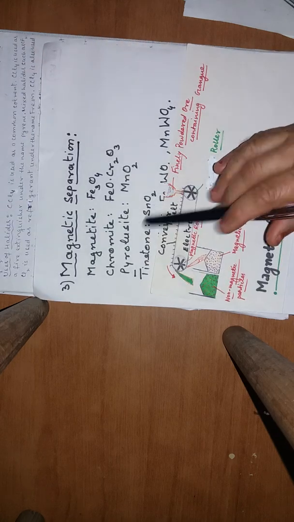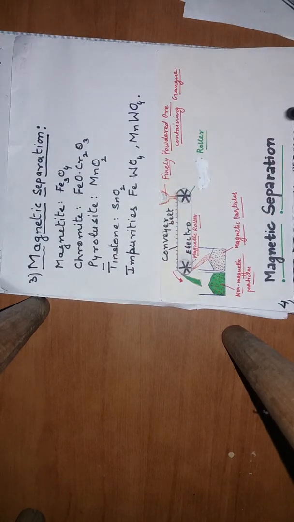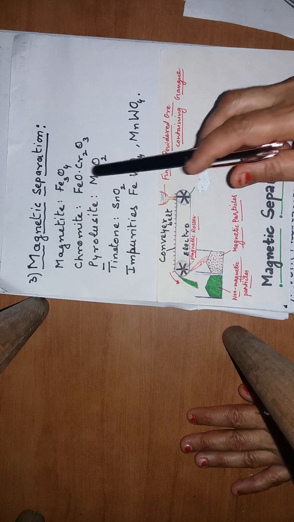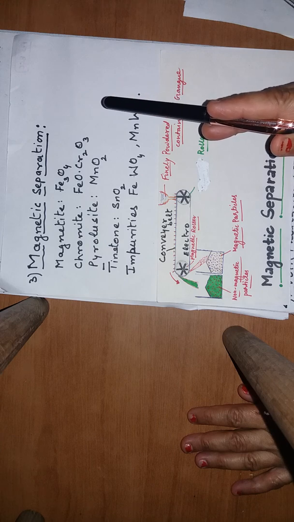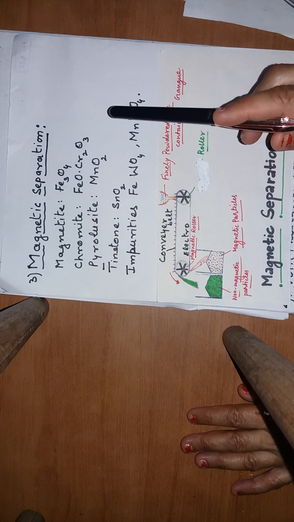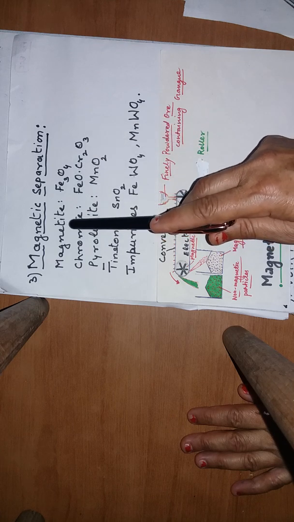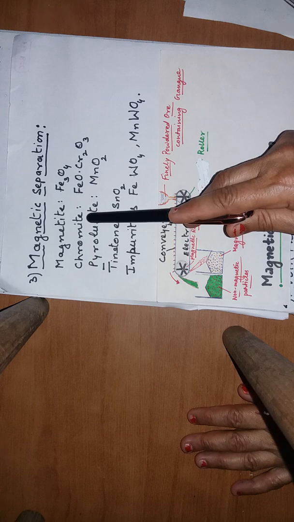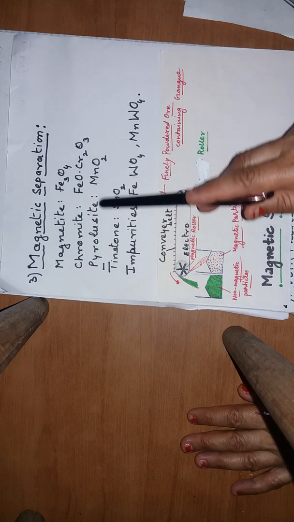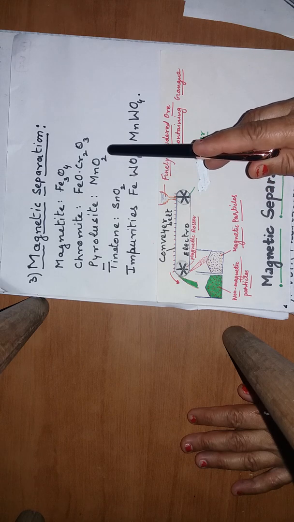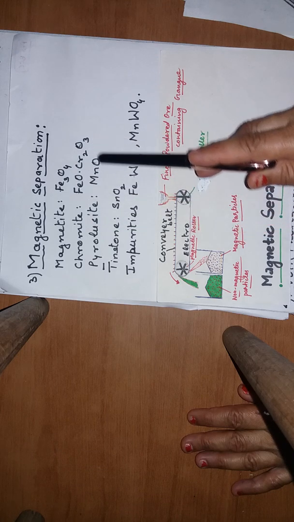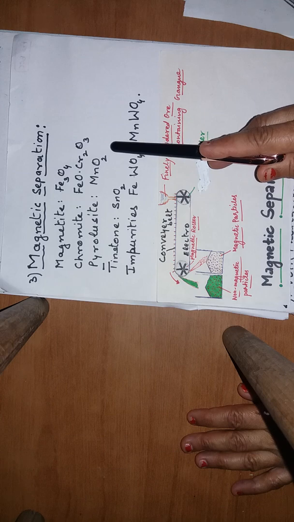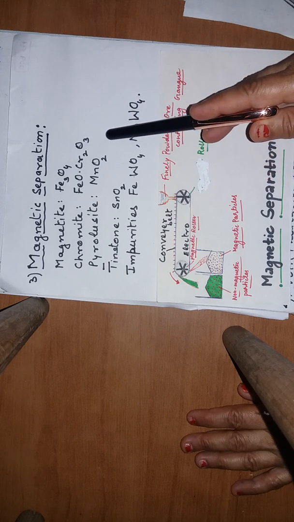In the magnetic separation process, either the ore or the impurities should be magnetic, and mostly it is used for magnetite, that is the ore of iron, chromite, the ore of chromium, and pyrolusite, the ore of manganese. And these are all magnetic ores.